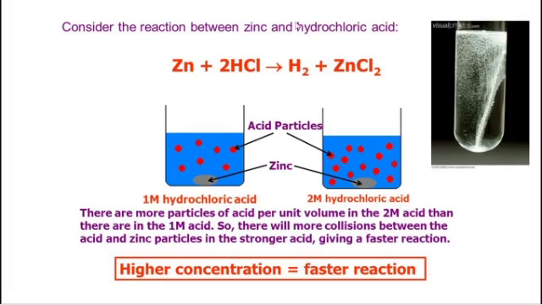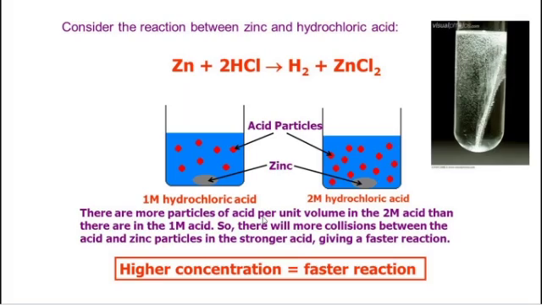Consider the reaction between zinc and hydrochloric acid: Zn plus 2HCl gives ZnCl2 plus H2. Take 1 molarity hydrochloric acid and 2 molarity hydrochloric acid.